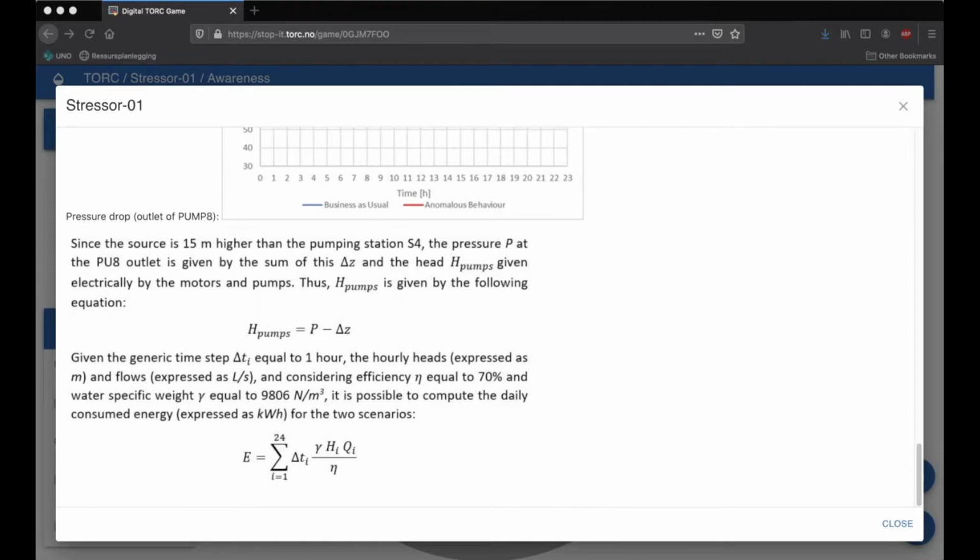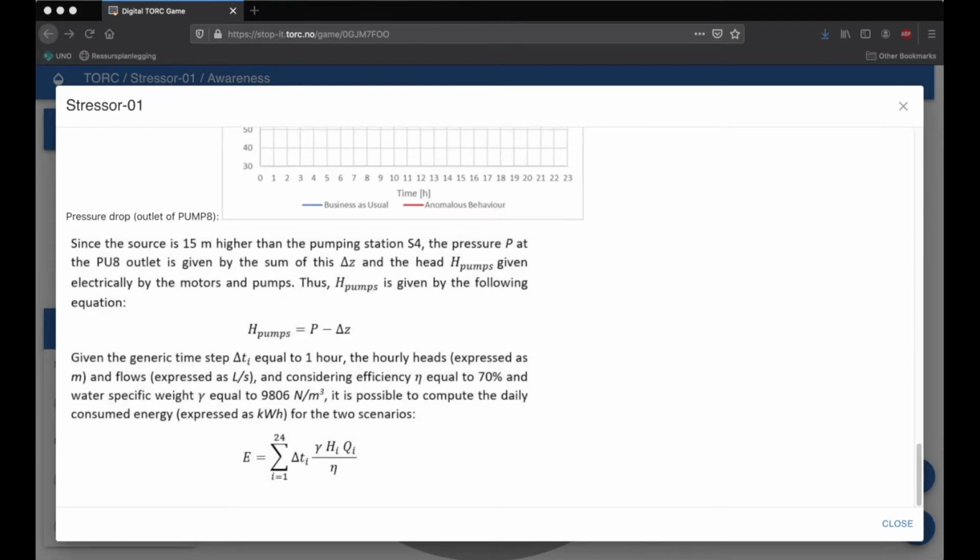So concerning electricity, we need to figure out how we can assess how much electricity we are consuming now after the stressor. So I put here in the additional information, just at the bottom, other images, but basically there are some writings that say that we have the source 15 meters higher than the pumping station.